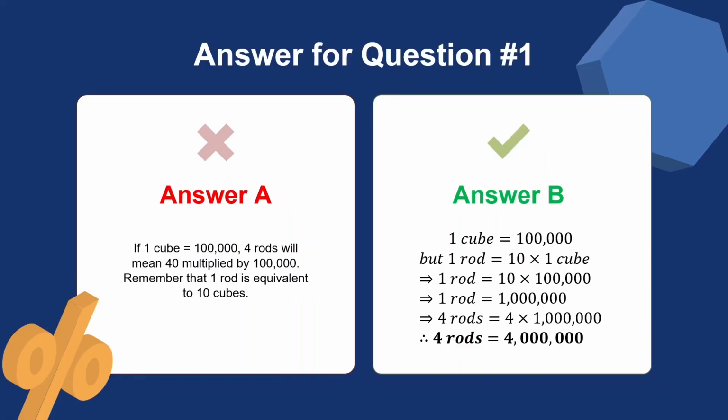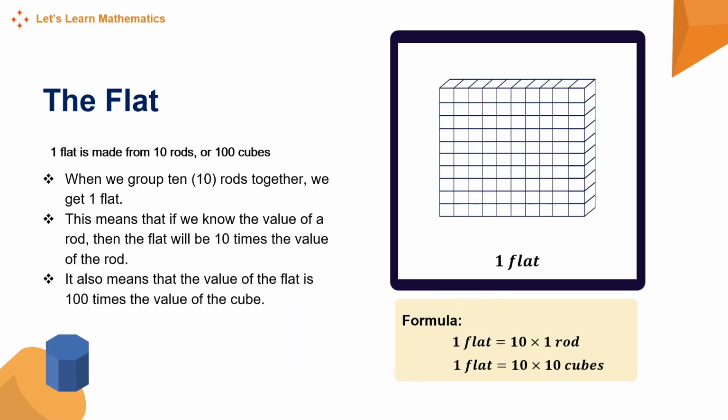But let's look at the next component in our multi-base block model, which is the flat. And a flat is made up of 10 rods or 100 cubes, as seen in the diagram there. It means that when we know the value of the rod, to get the value of a flat, we have to multiply the value of the rod by 10.